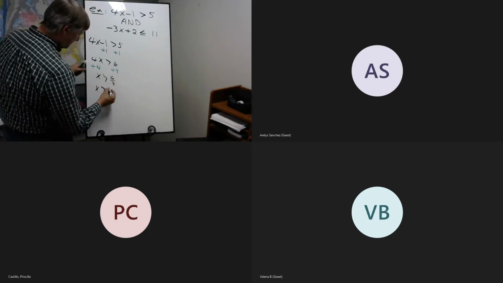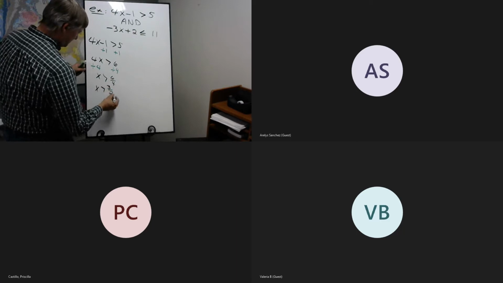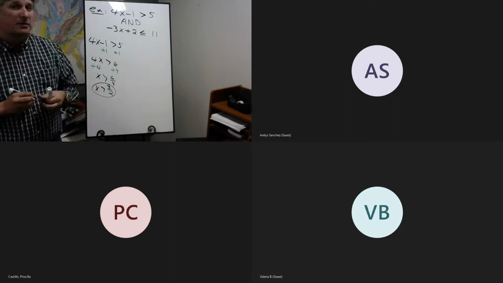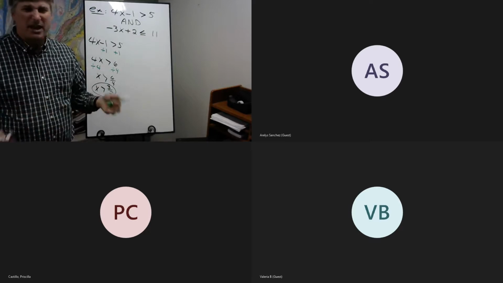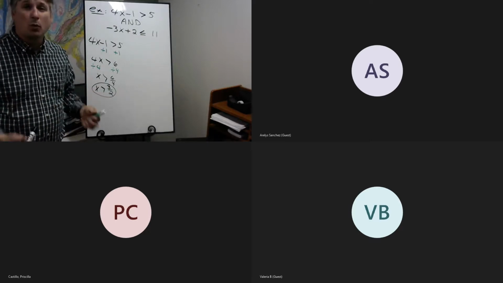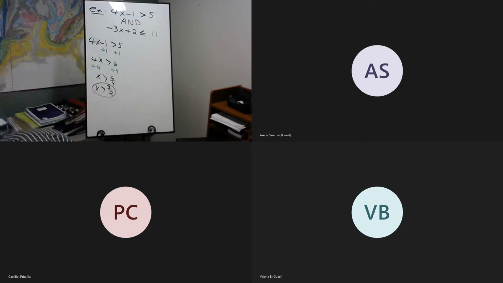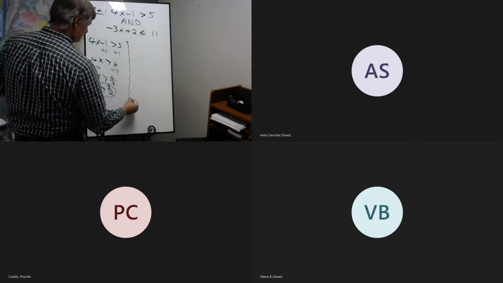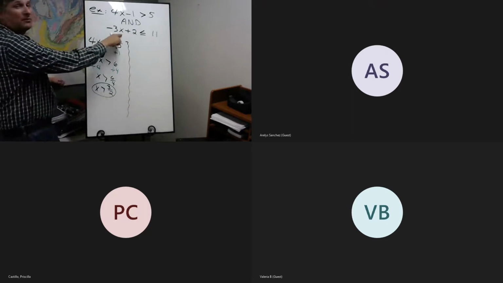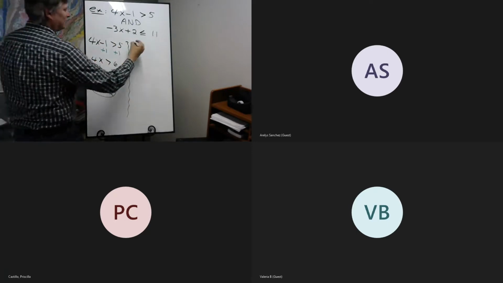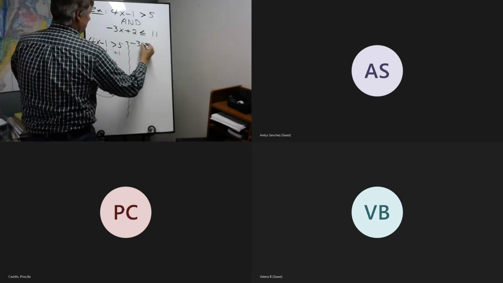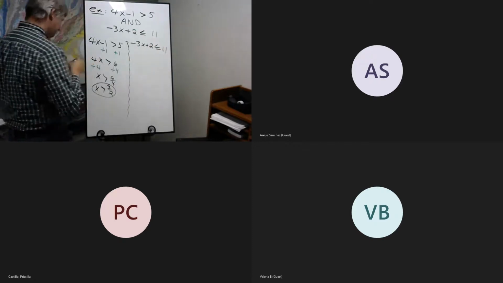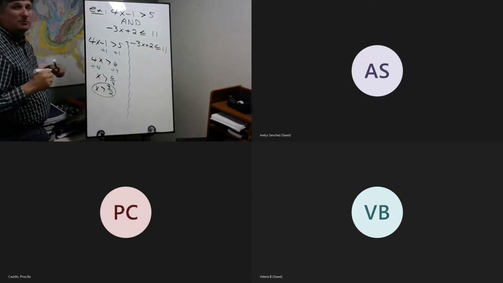And if we reduce this, we get x is greater than 3 halves. 3 halves, if you put that in a calculator, it's 1.5. Now let's solve this one. Subtract 2 from both sides.